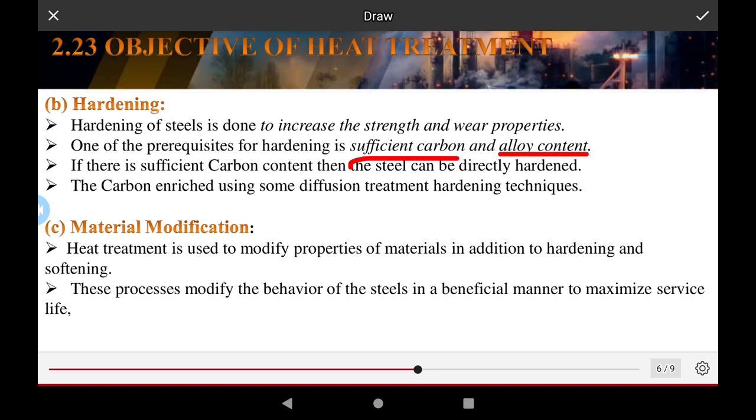If there is sufficient carbon content, then the steel can be directly hardened. Otherwise, carbon can be enriched using some diffusion treatment hardening techniques.